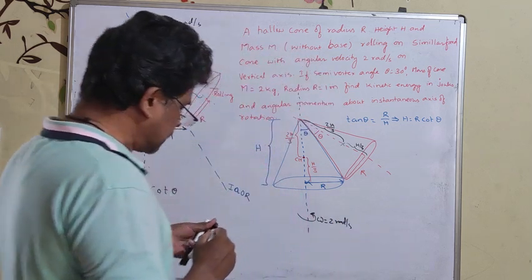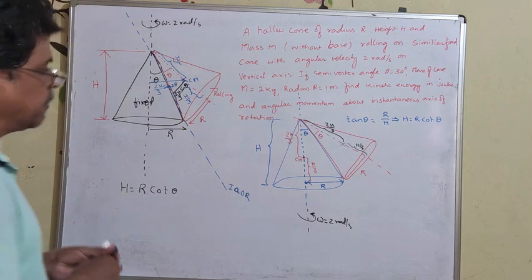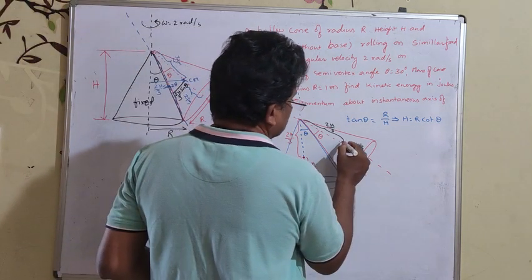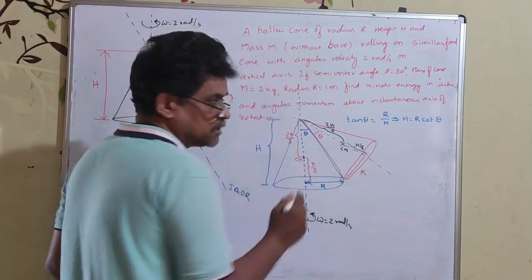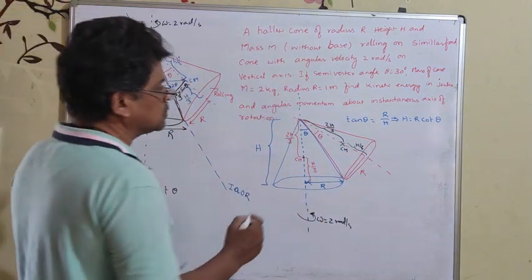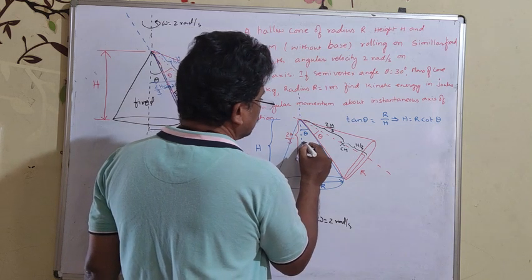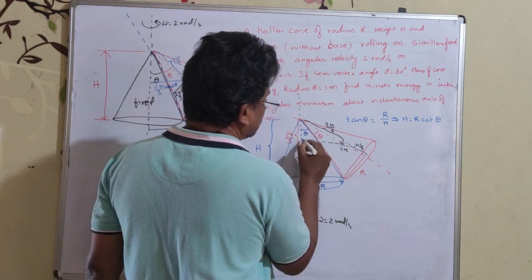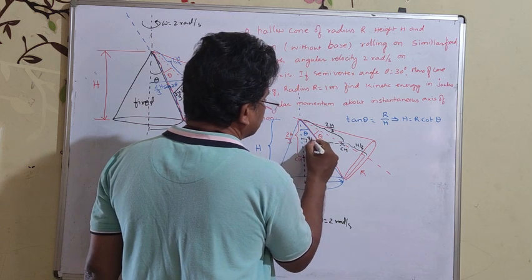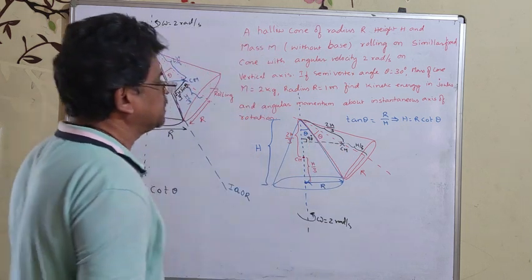From the vertical axis to the center of mass, if we find the perpendicular distance, we can find the linear velocity of the center of mass of the cone. Therefore, from here draw a perpendicular line. This angle is 90 degrees with the axis.